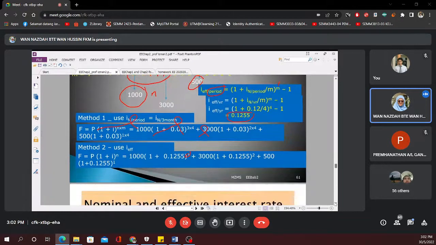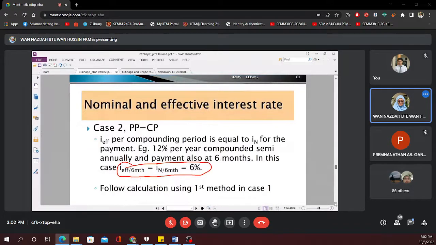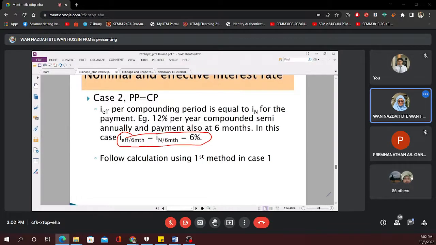Ada? Pening kan? Ada soalan? Ada soalan tak?